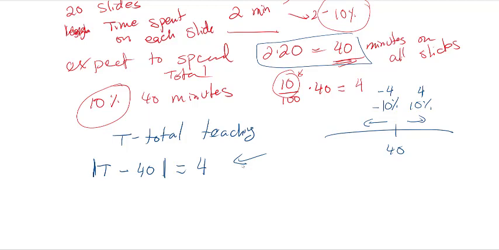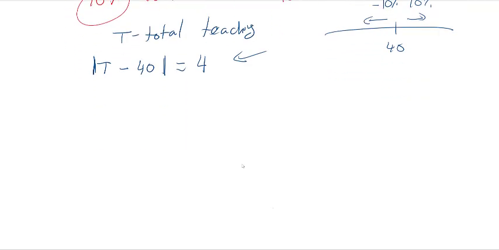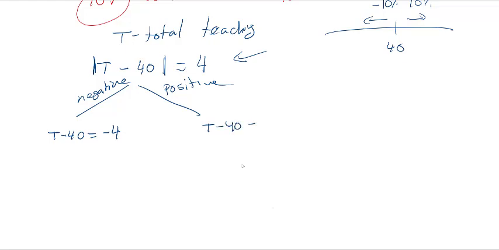So now we can do our usual thing to solve this equation. We can look at the absolute value when the contents is negative, right? When what's inside is actually negative. In that case, t minus 40 equals negative 4. Or we can look at the positive side when t minus 40 equals 4.